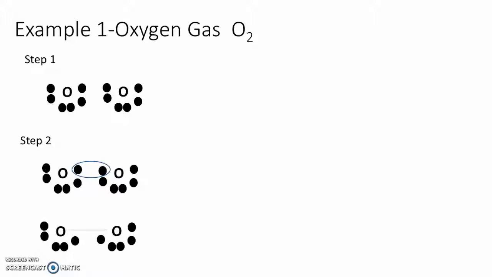So that means that the oxygen on the left has 7 electrons. If we do the same analysis for the oxygen on the right, it also has 5 electrons around, plus 1 bond, which is 2 electrons. So it also has 7 electrons. So has the octet rule been fulfilled? It has not. Each oxygen only has 7. So we have to do something now about this.